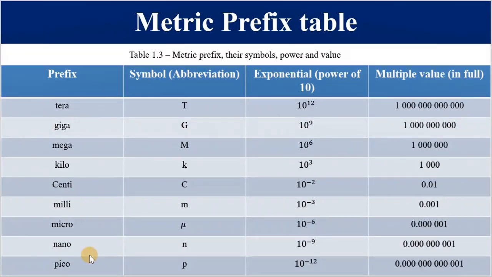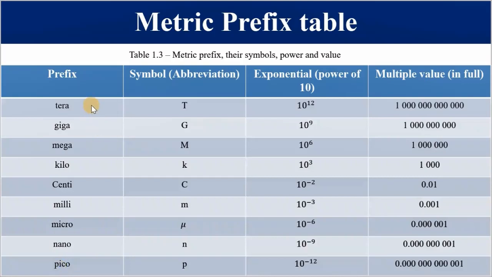Guys, this slide is very, very important. The metric prefix table is very, very important, because when we do our calculations, you will find that you will be required to know these powers and the names. So we'll start with the highest until we get to the lowest.